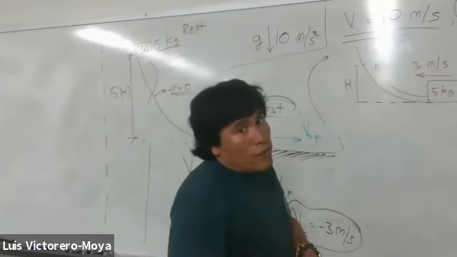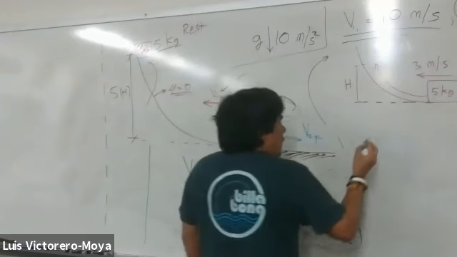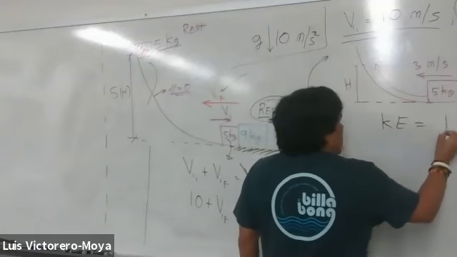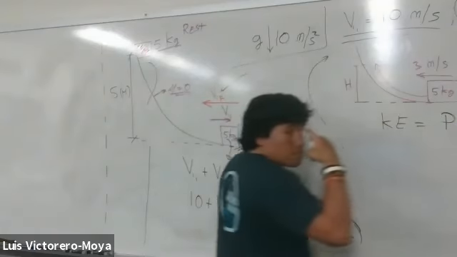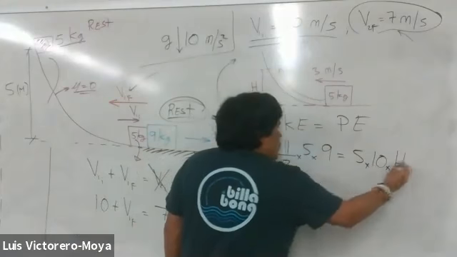If we can ignore friction, then we can say that the kinetic energy is equal to the potential energy. The kinetic energy is 1/2 of the mass times 3 squared, v squared, equals mass times gravity times h.